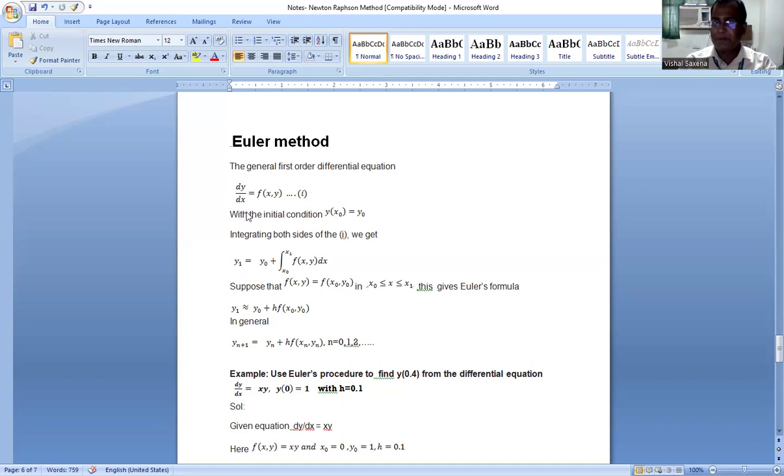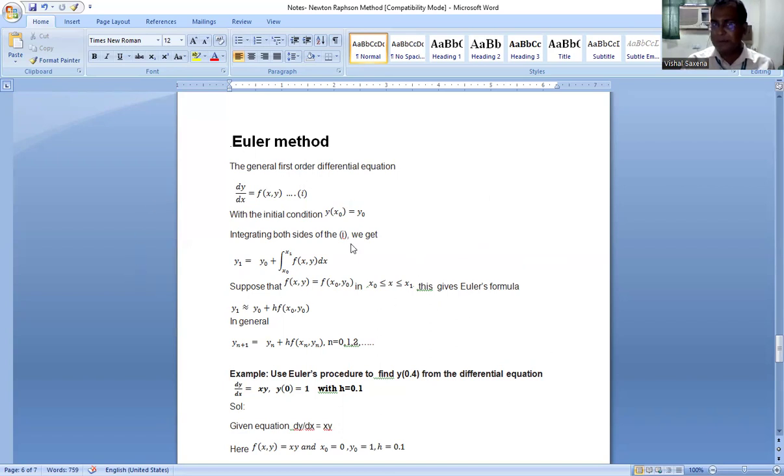One boundary condition is given along with this equation, that is y at x naught equals y naught. The starting value of x is taken as x naught, and the corresponding value of y, the solution, is taken as y naught.